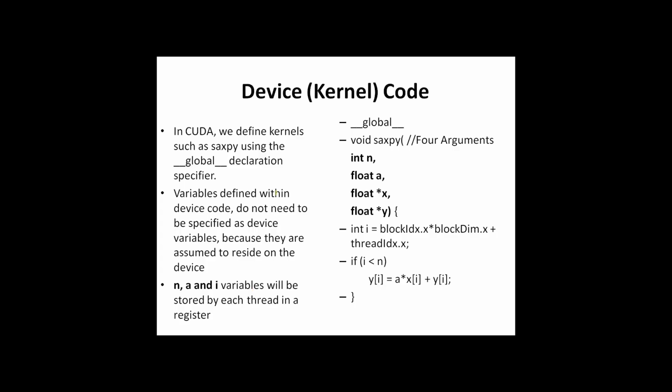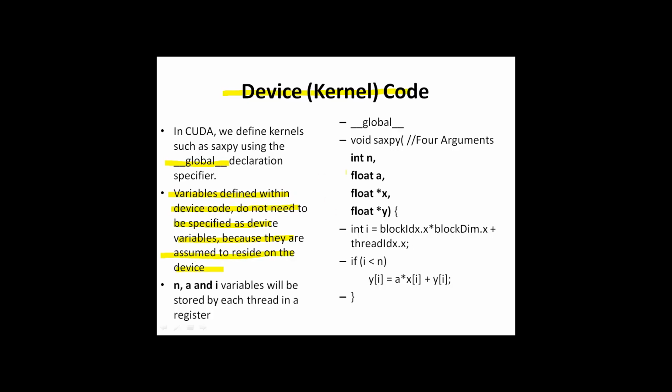Now, a bit more detail about the device kernel code. As we discussed earlier, the identifier is __global__. Variables defined within the device code do not need to be specified as device variables because they are assumed to reside on the device.